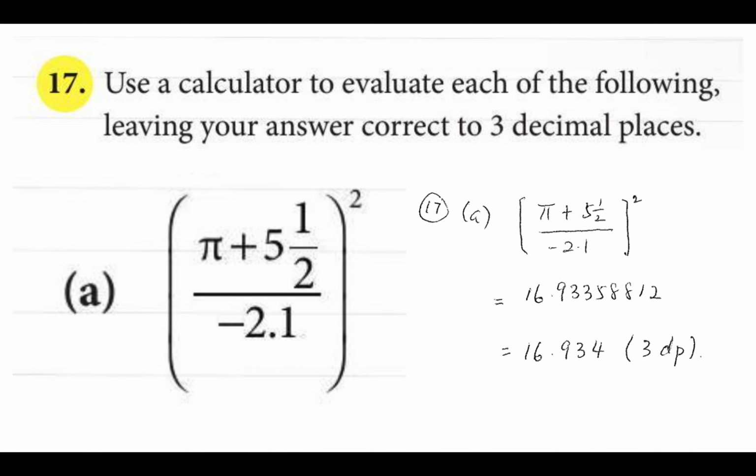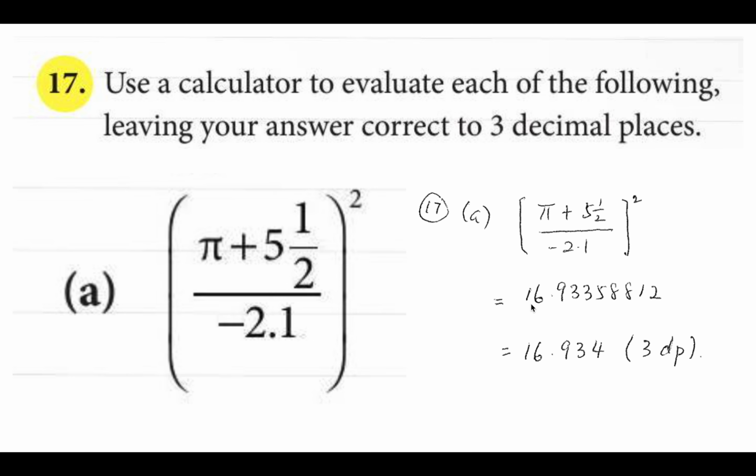Now, finally, the question 17 actually tests us on our calculator skills. So if you were to press this properly into the calculator, you should get 16.933588812 displayed on your calculator. Do take note, right? If the question asks us to leave the answer correct to 3 decimal places, it is still a good habit to display the full answer first, before we round off, right?